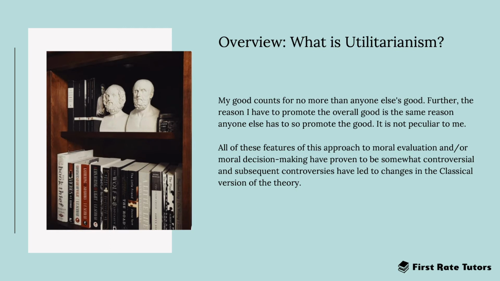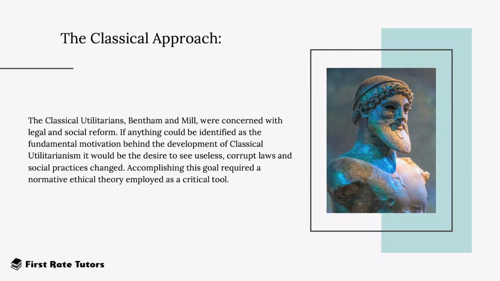It is not peculiar to me. All of these features of this approach to moral evaluation and/or moral decision-making have proven to be somewhat controversial, and subsequent controversies have led to changes in the classical version of the theory.